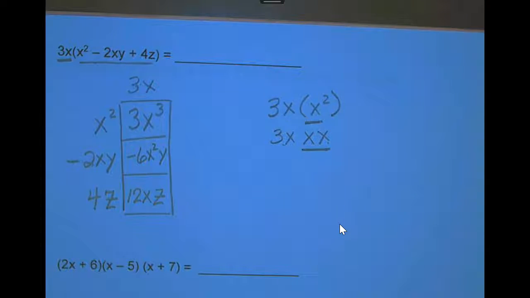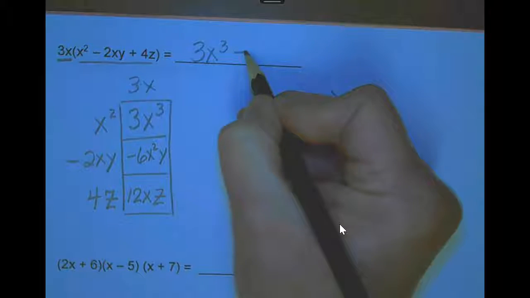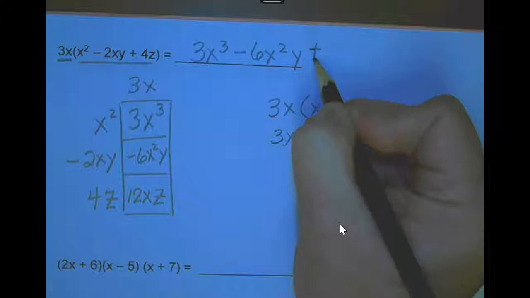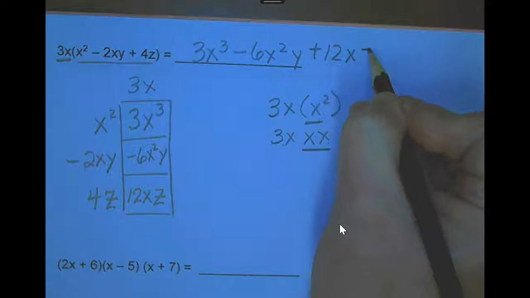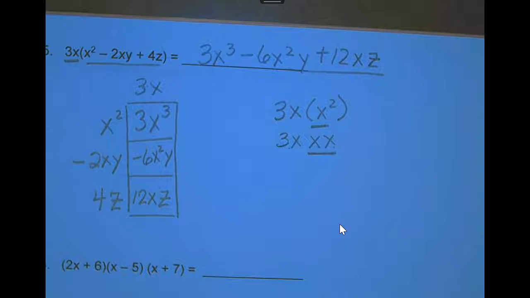It is traditional when you have more than one variable to put them in alphabetical order. So this is going to be 3x to the third power minus 6x squared y plus 12xz, because there were no like terms to combine. Exactly the same thing you would have gotten if you just distributed. That is also perfectly okay.